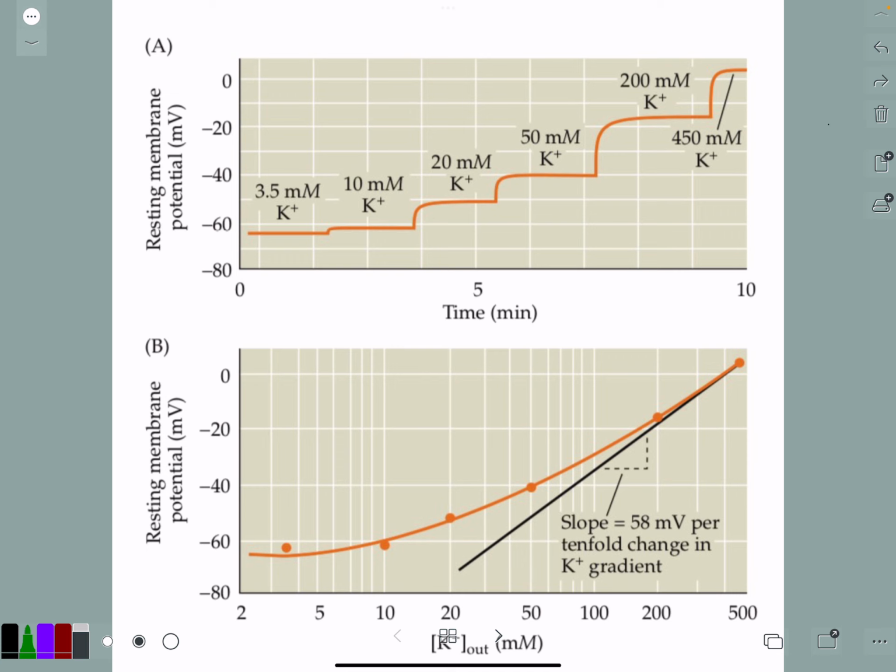And so whenever you have molecules that have some kind of electrical charge to them, they're going to obey not only the laws that you would expect from diffusion, but also from the electrostatic force as well, which, as we'll see, creates a difference in charge across the membrane, as we already know.